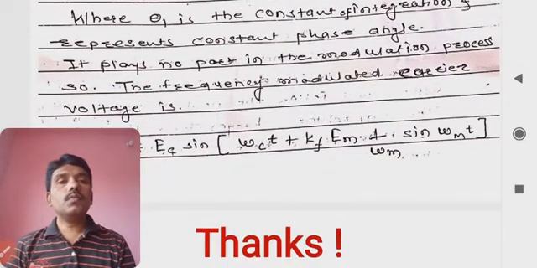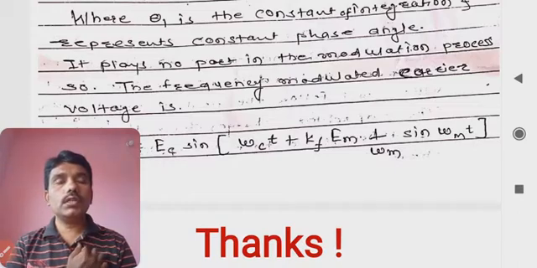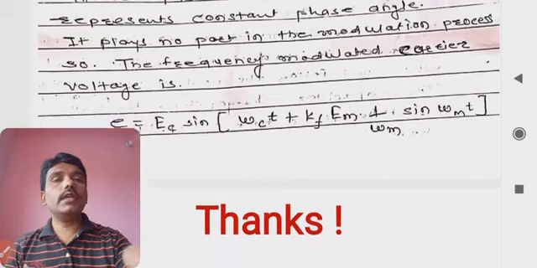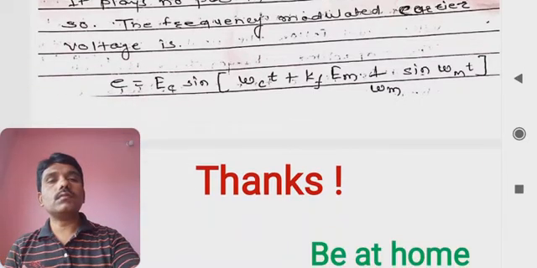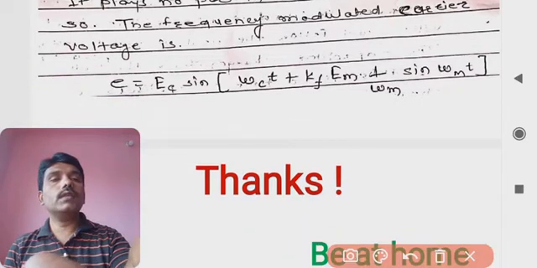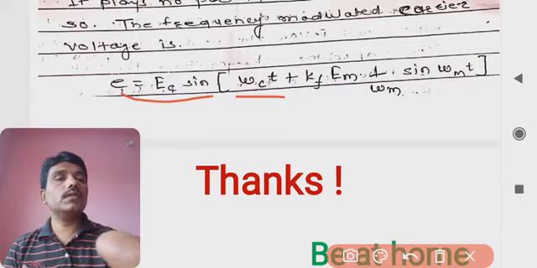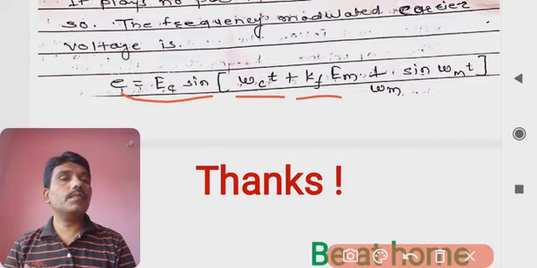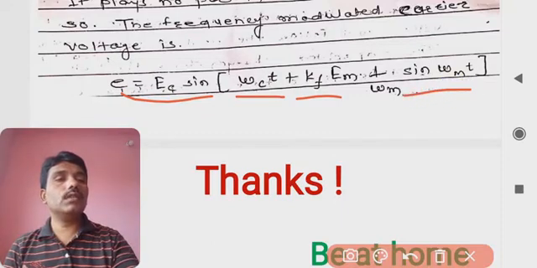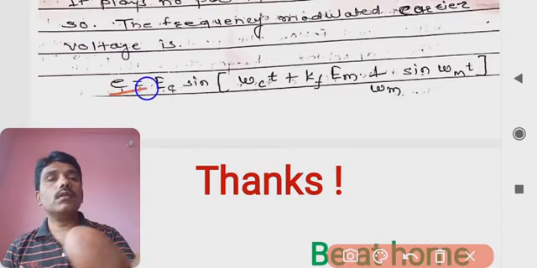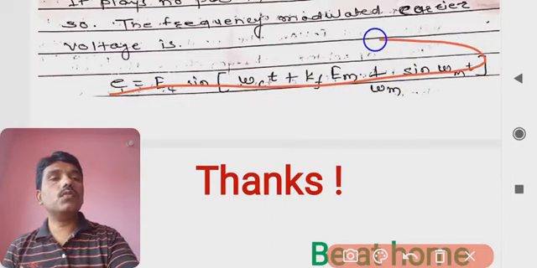It plays no part in the modulation as far as frequency modulation is concerned. The frequency modulated carrier voltage is given as e equal to Ec sine of omega c t plus kf Em into 1 upon omega m sine of omega m t. So this is the expression for our frequency modulated voltage.